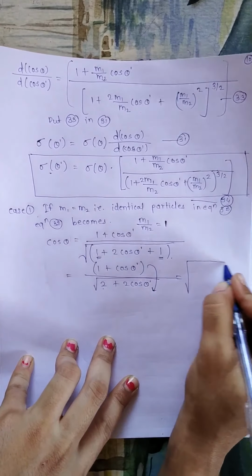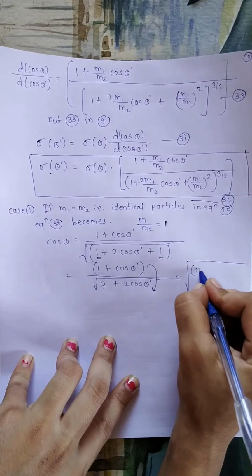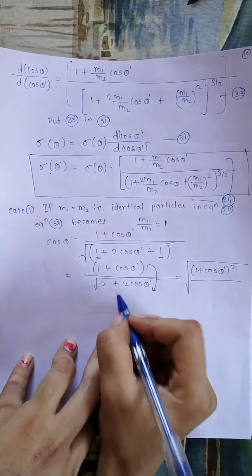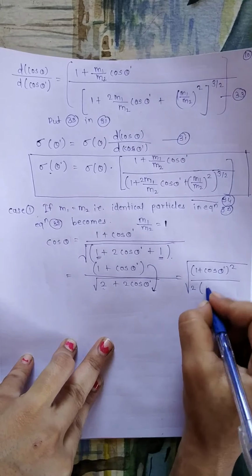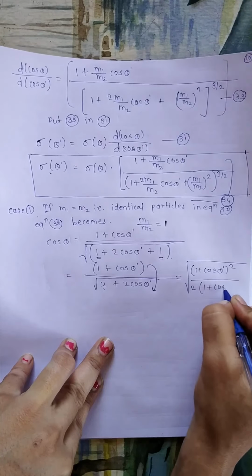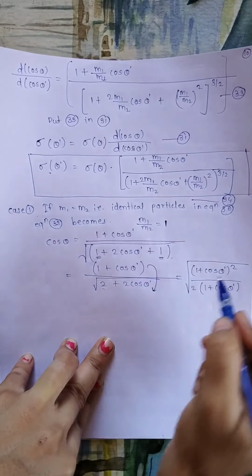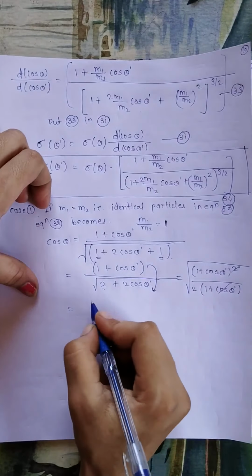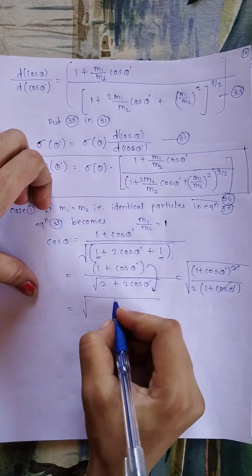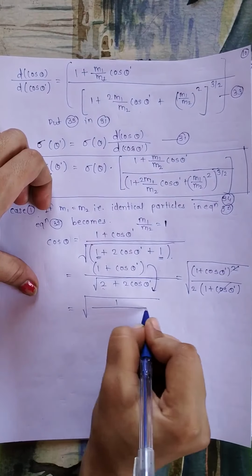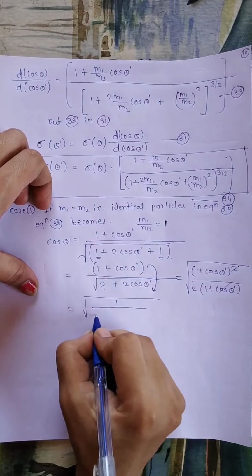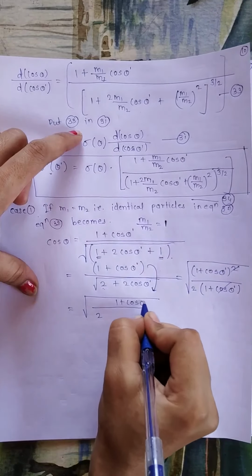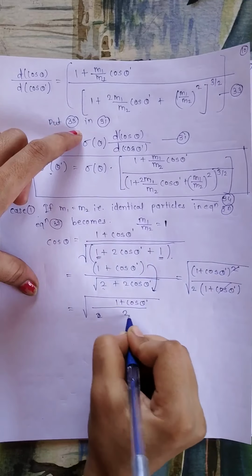So I can write it as 1 plus cos theta dash square upon, take 2 common from this, we will get 1 plus cos theta dash. So the square will cancel this bracket and here we will get under root 1 plus cos theta dash upon this 2.